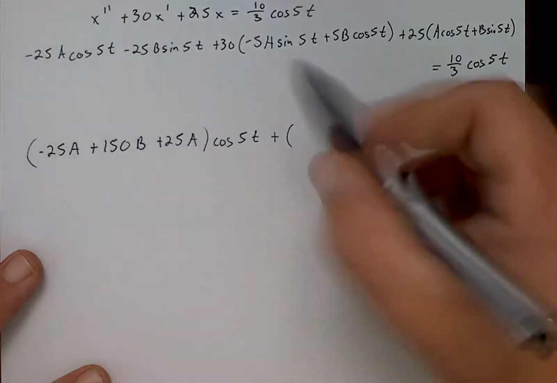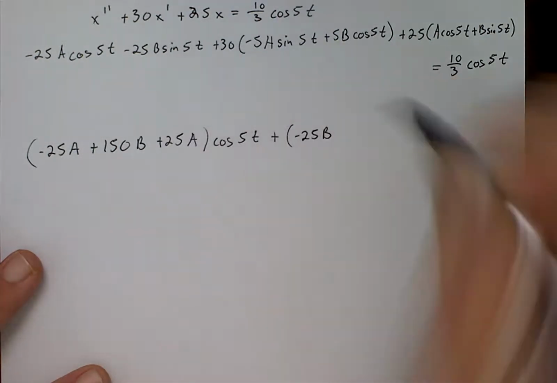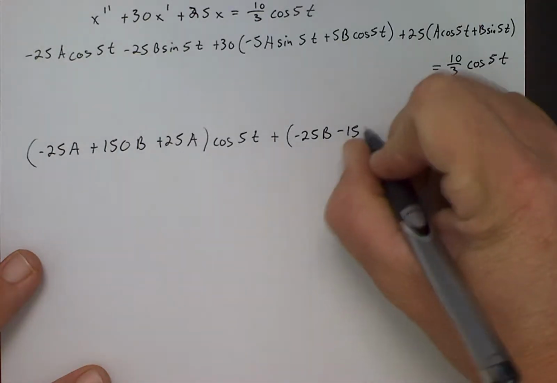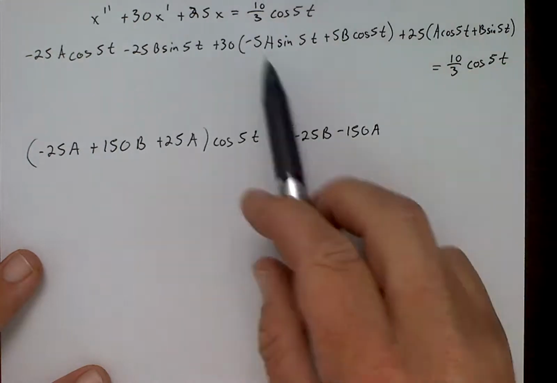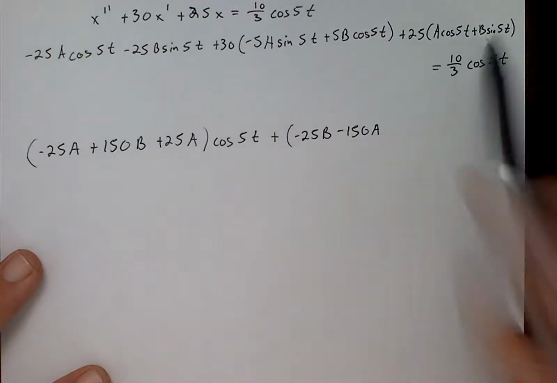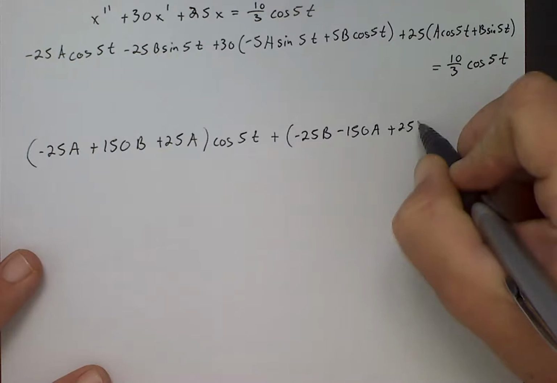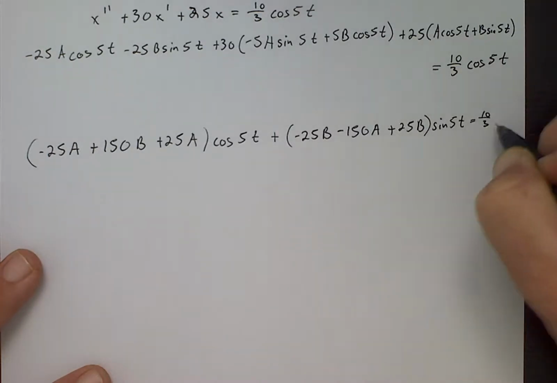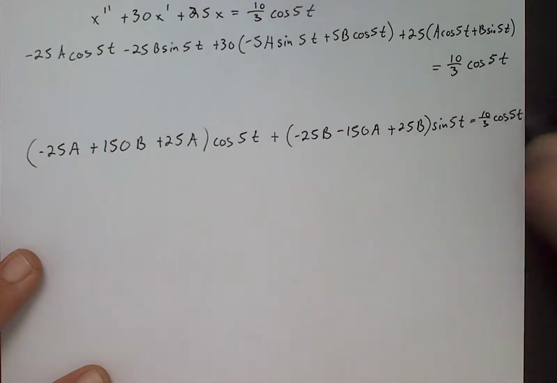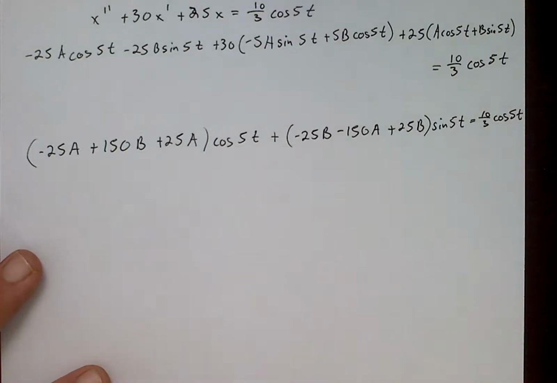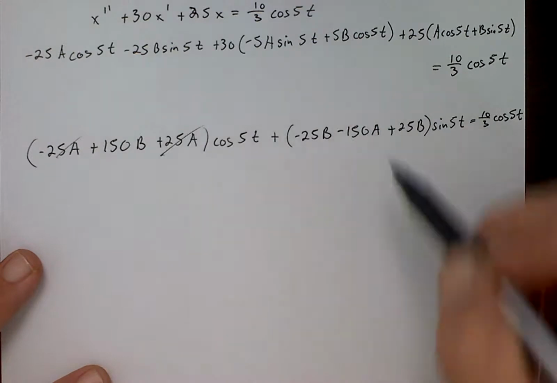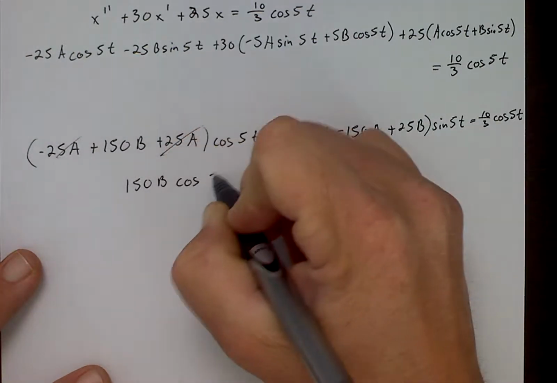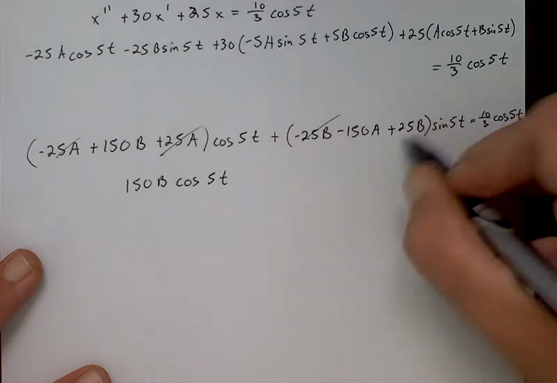First sine is here, negative 25b, negative 150a, and then 25b. All right, so 25a's cancel. 25b's cancel.